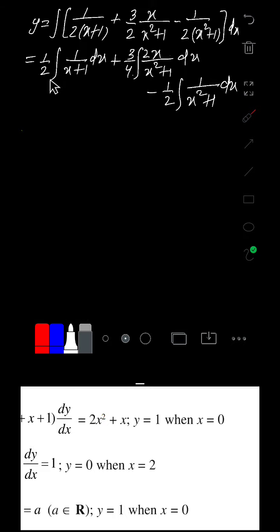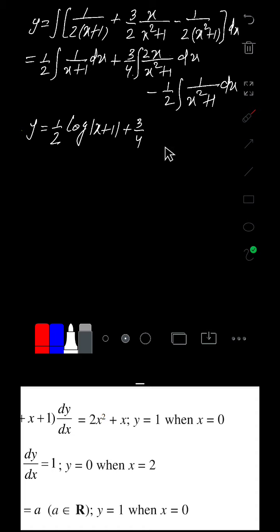Proceeding from this step, y is equal to, first, half integral of 1 upon x plus 1 is log mod x plus 1, plus 3 upon 4. Now see, 2x dx is the exact differential of x square plus 1, which is the denominator of this expression. So if we assume x square plus 1 as u, 2x dx becomes du, and we have 1 upon u du, and the integral of 1 upon u du will be log u.